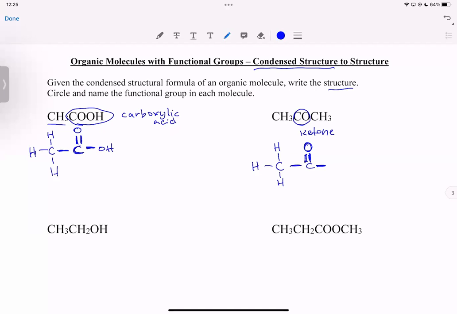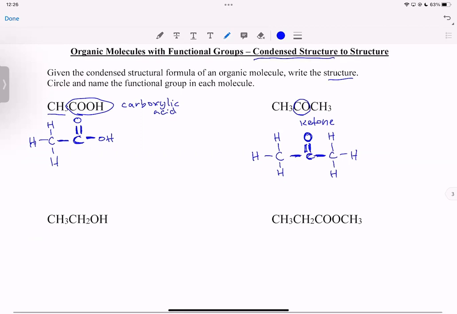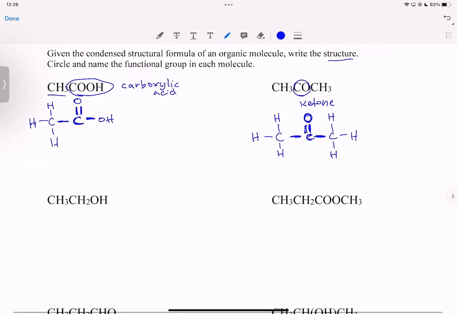That's what the ketone is. And this then has a CH3 group. So this is the carbon double bond oxygen in the middle, and you can add the lone pairs or not. I'm generally not going to add the lone pairs. Just having the functional group in there is what's important.